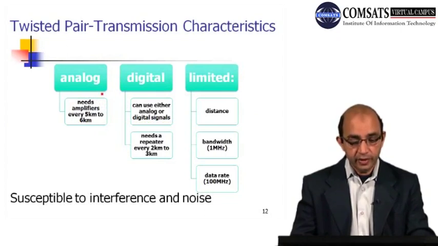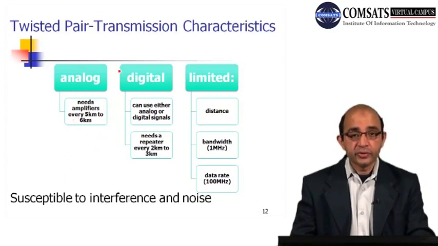So if we have analog data, right, then it means we need an amplifier. If we are going to transmit analog data over the twisted pair, then we need an amplifier after every 5 to 6 kilometers.